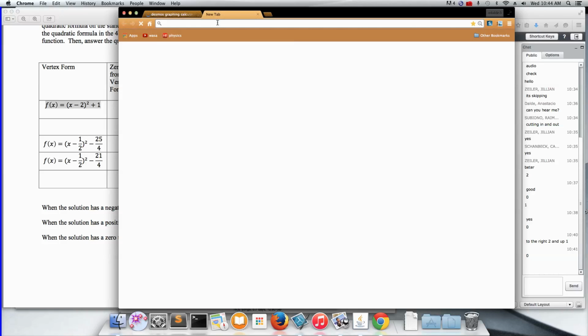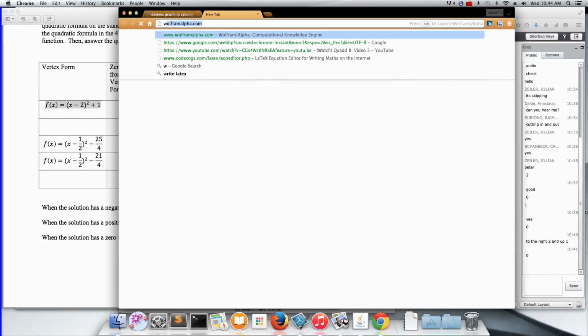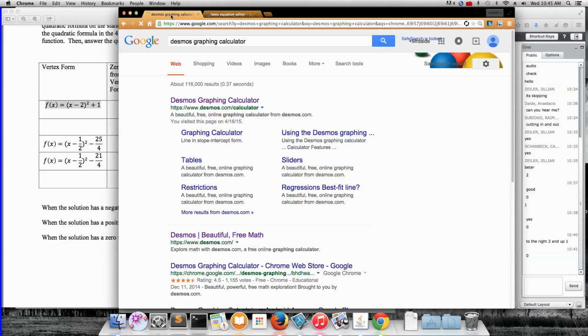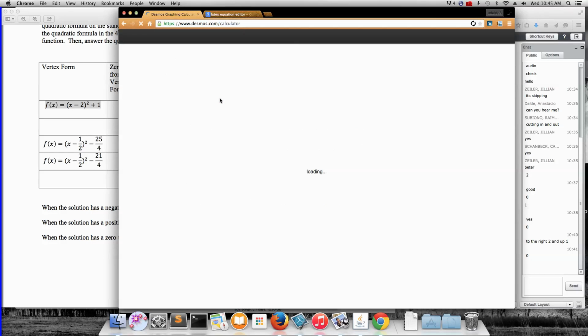And then we'll also pull open LaTeX equation editor. Okay, give it a second.